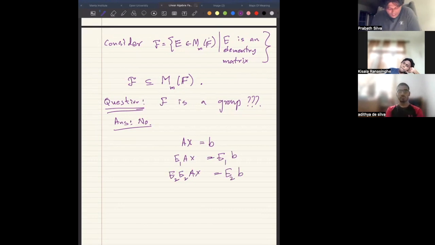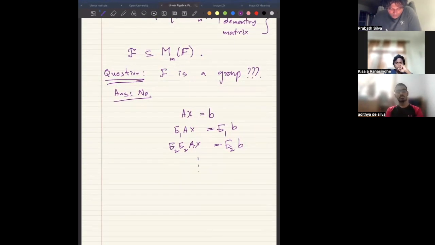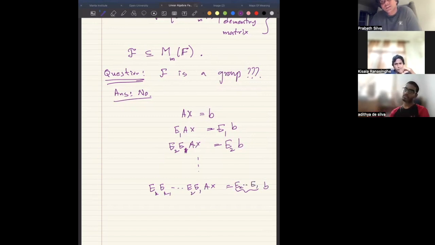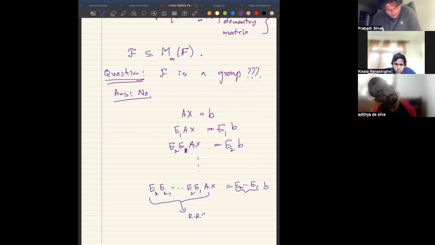And you do it until this whole thing becomes a matrix in the reduced row echelon form.